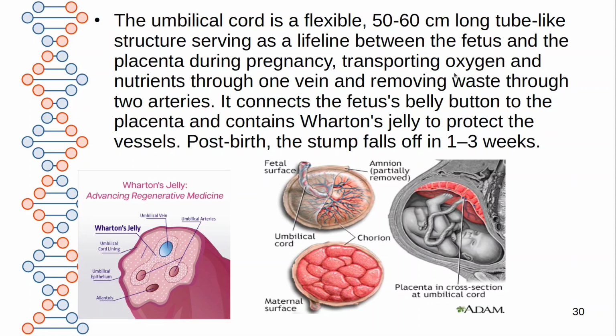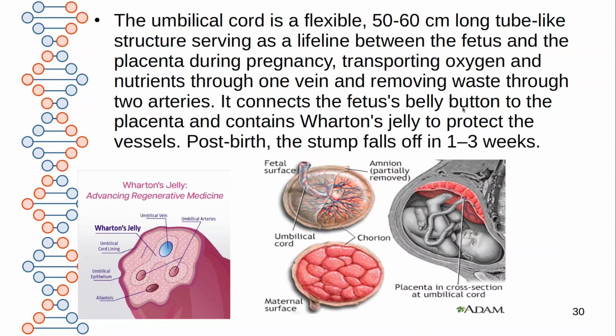It transports oxygen and nutrients through one vein and removes waste through two arteries. You can observe the umbilical vein here, and the waste is removed through two umbilical arteries. You may be asked how many veins and arteries are present in the umbilical cord: two umbilical arteries, one umbilical vein.